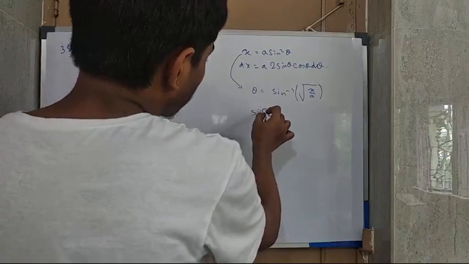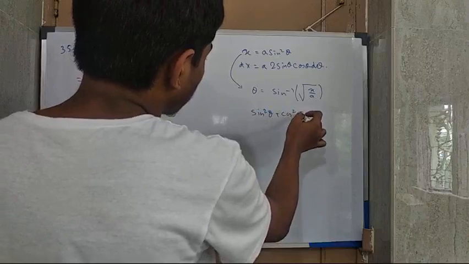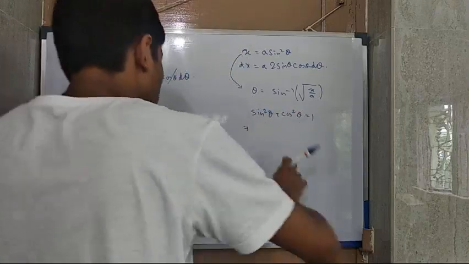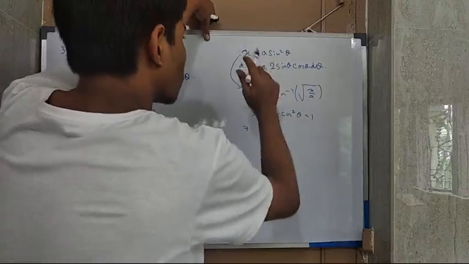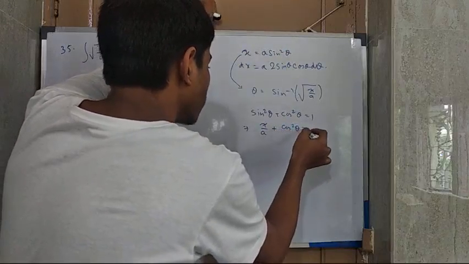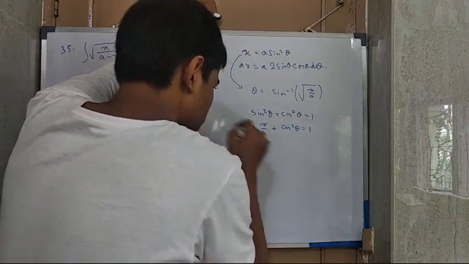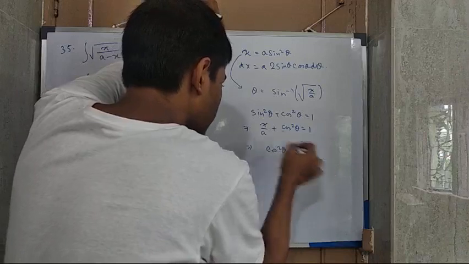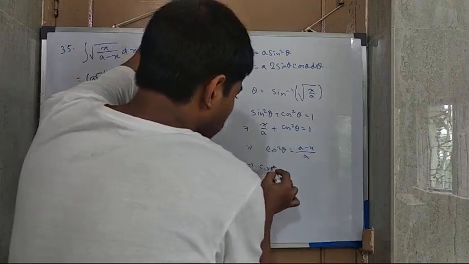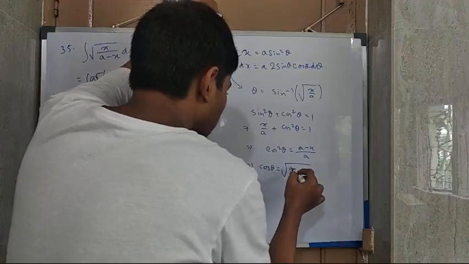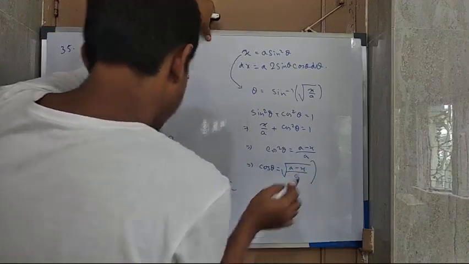well, sine squared theta plus cos squared theta is equal to 1. Hence, as our sine squared theta was x by a, x by a plus cos squared theta is equal to 1. So cos squared theta is equal to a minus x by a, and cos theta will become root under a minus x by a.